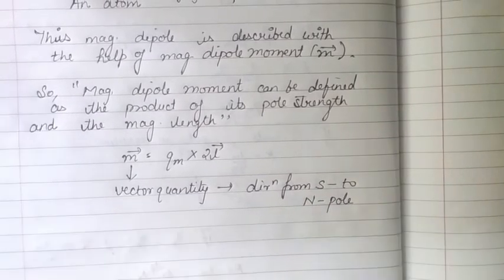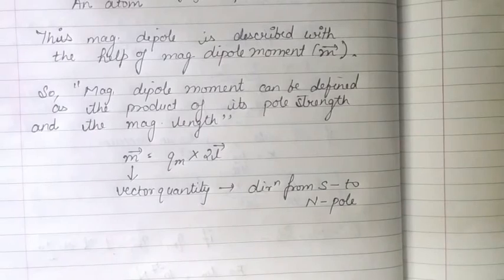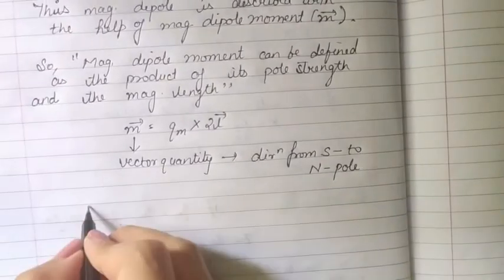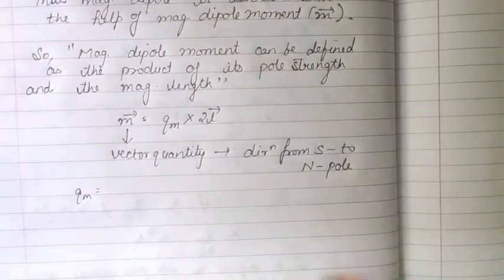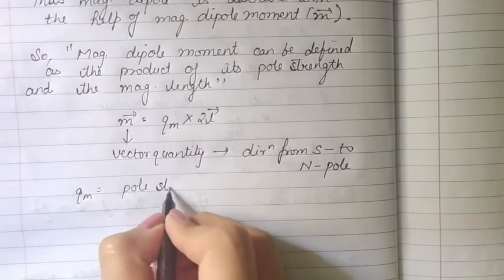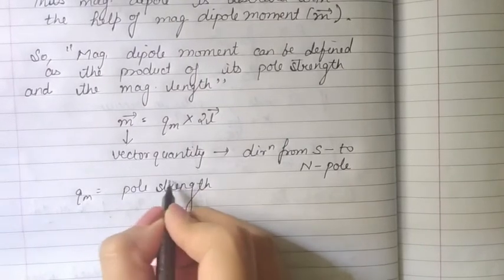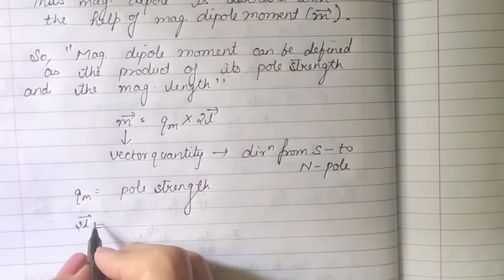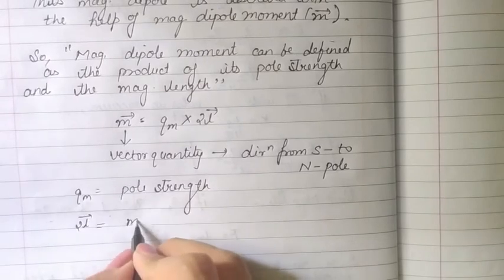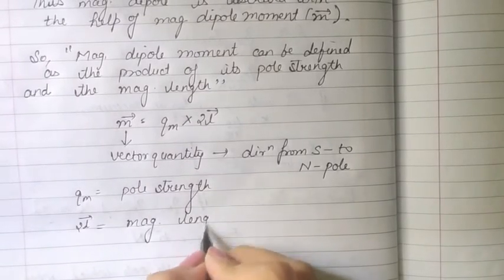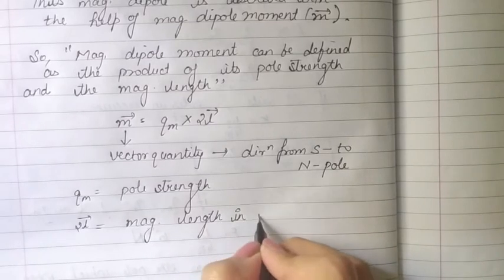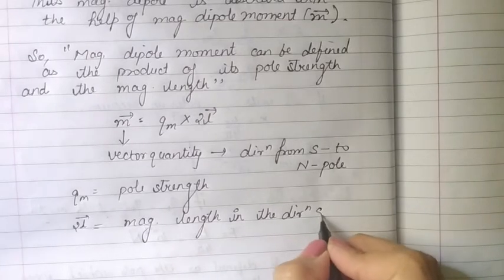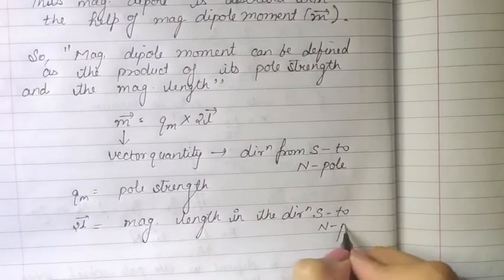This is the direction of the magnetic dipole moment, and it is given as m vector equals qm into 2l vector, where qm is the pole strength and 2l vector is the magnetic length, always taken in the direction south to north pole.